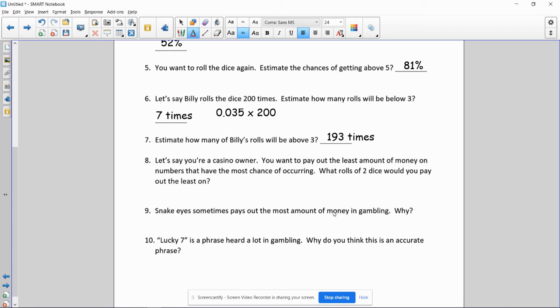All right, let's say you're a casino owner. You want to pay the least amount of money on numbers that are most likely to occur. What rolls of 2 dice would you pay the least on?